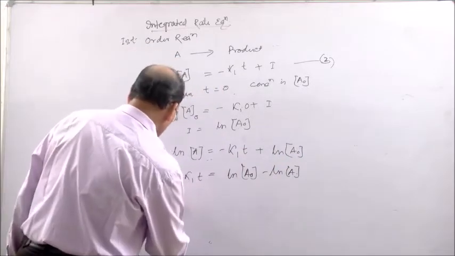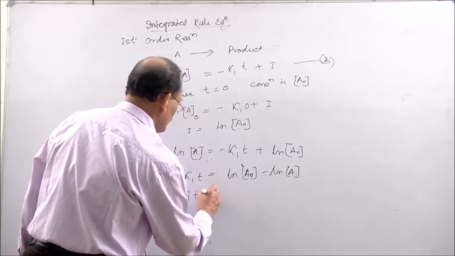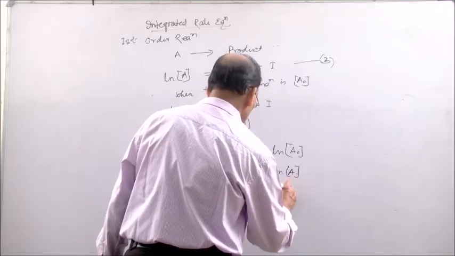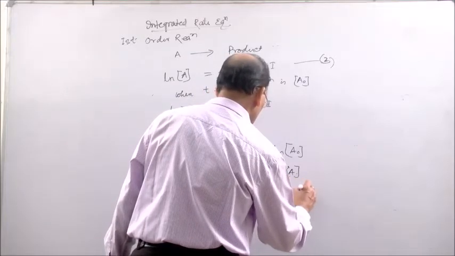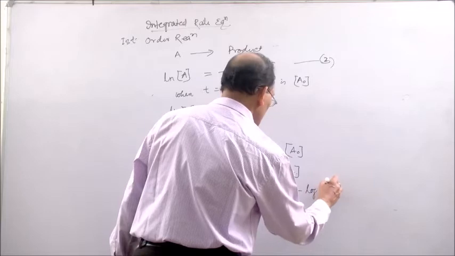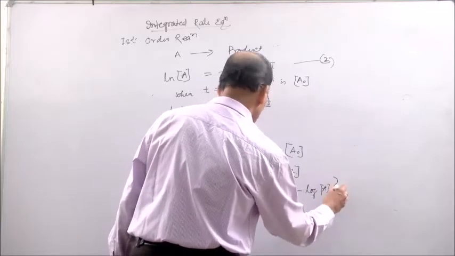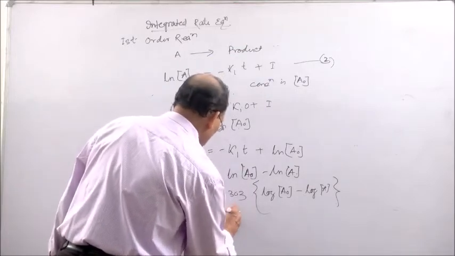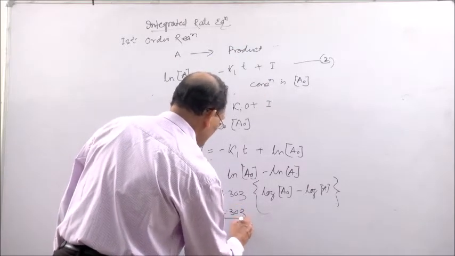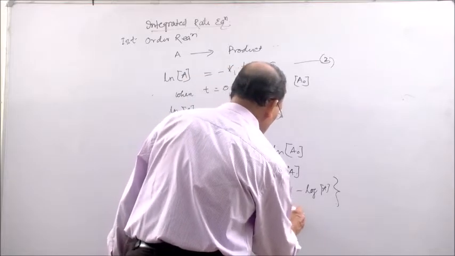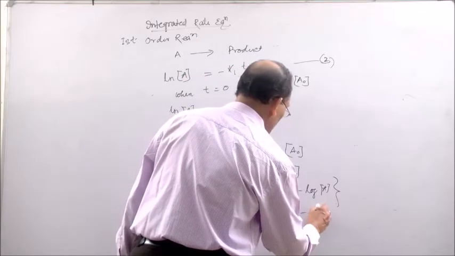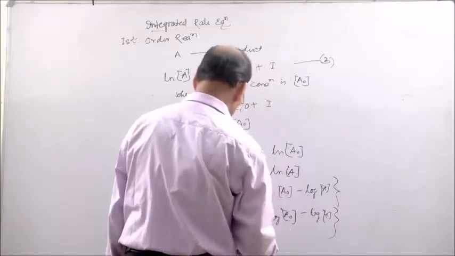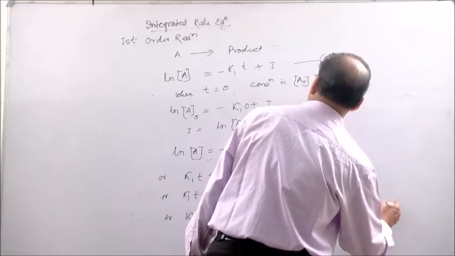Converting into logarithm to base 10, K1t equal to 2.303 into log A0 minus log A, or K1, the first order rate constant, equal to 2.303 by t log A0 by A. This is the expression for the first order rate constant.